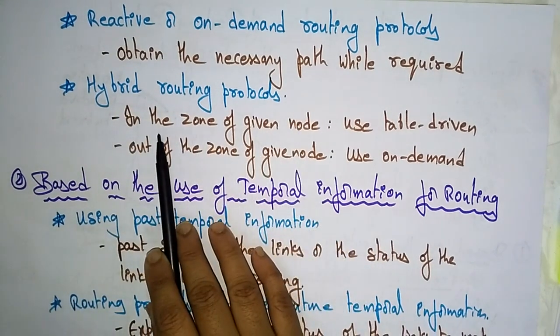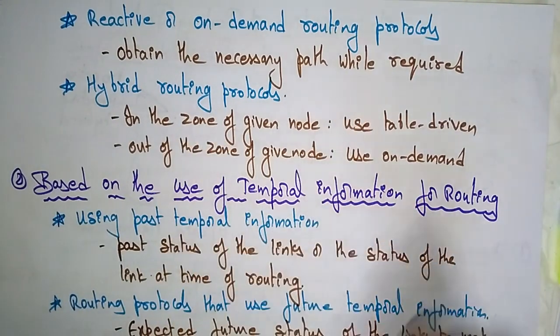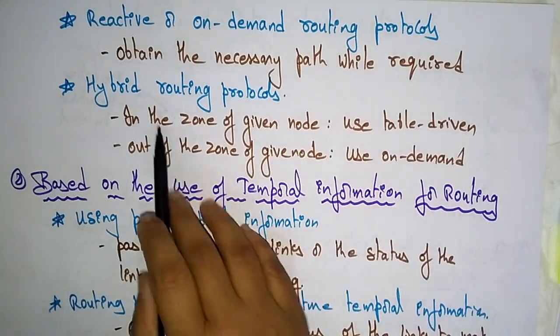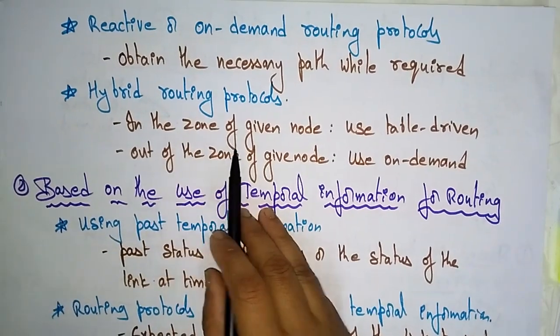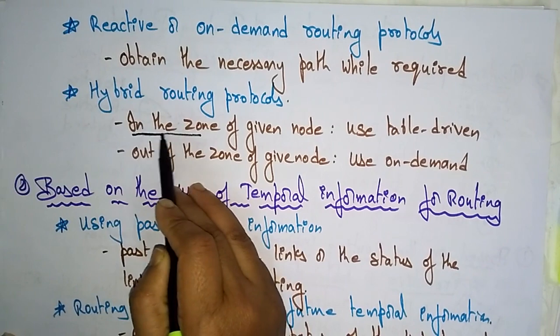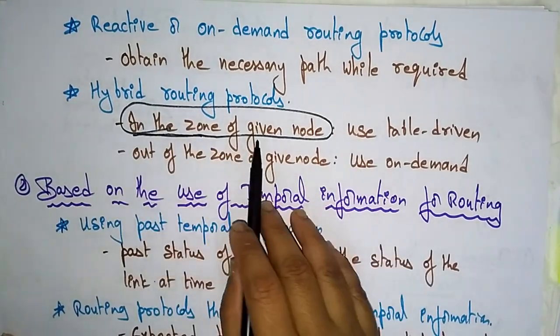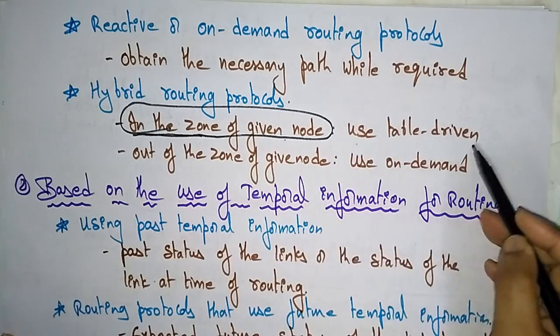So the hybrid routing protocol is a combination of reactive and proactive, meaning table driven and on demand. If the given node is present within its zone, then use table driven.